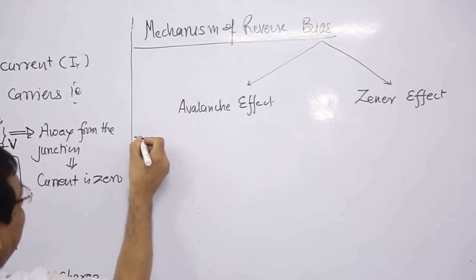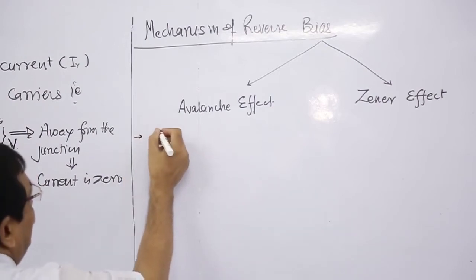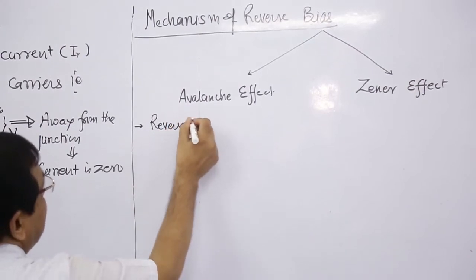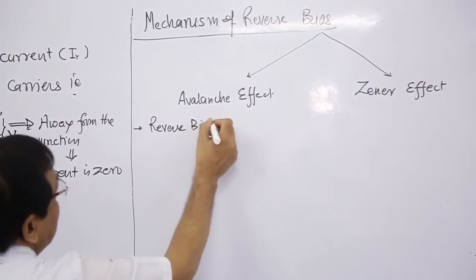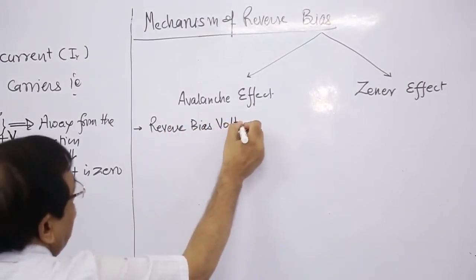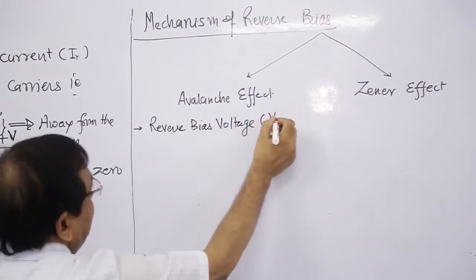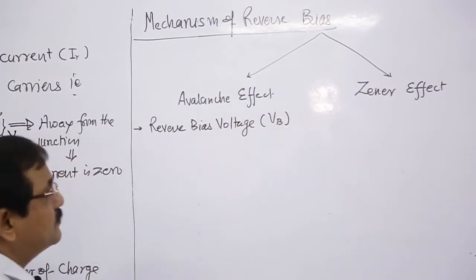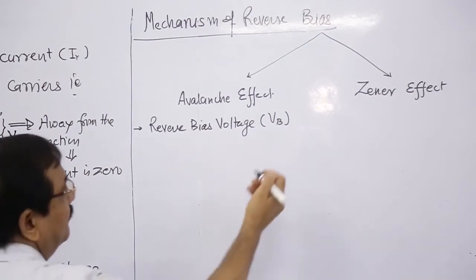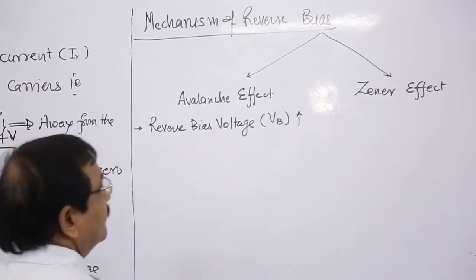In the avalanche effect, we can express VB, the reverse bias voltage, will increase.